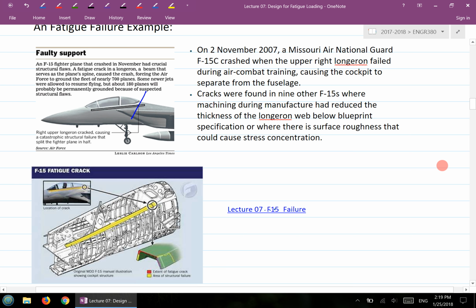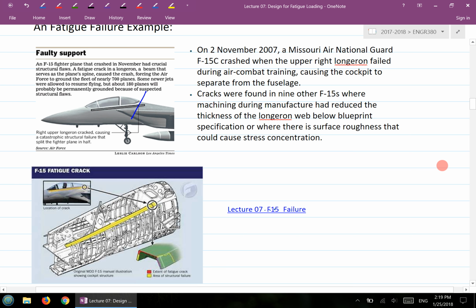Sometimes you don't see the phenomenon because it might happen within the part, so you can't see it, you assume everything is safe, but maybe the danger is almost going to happen.